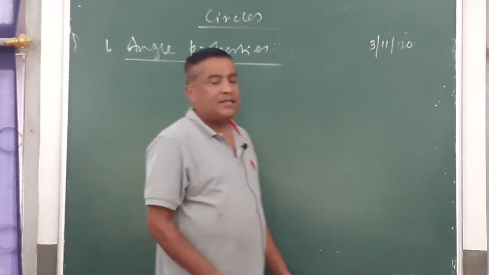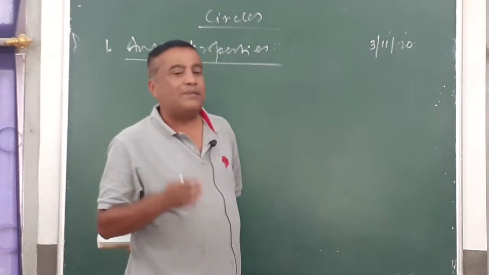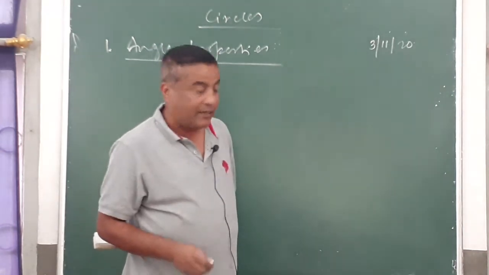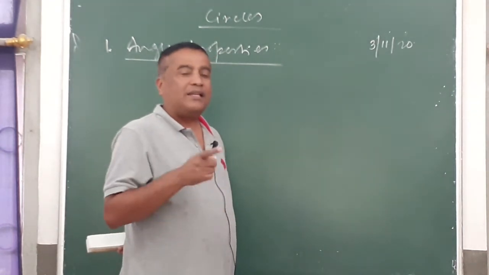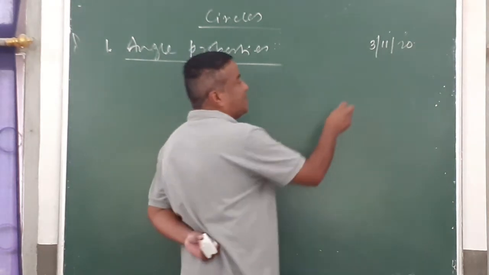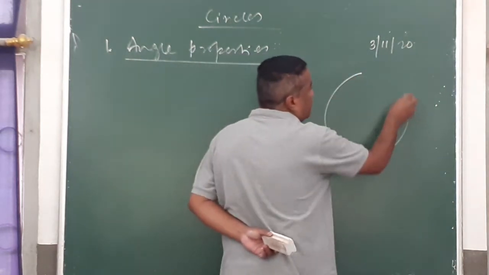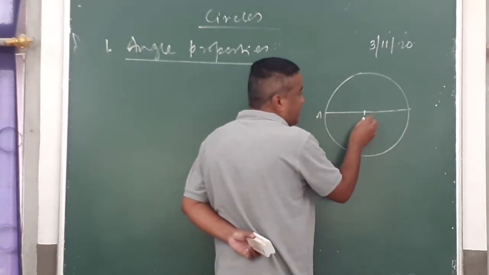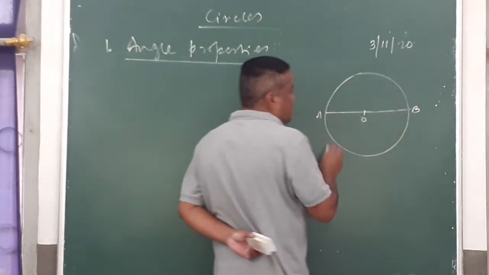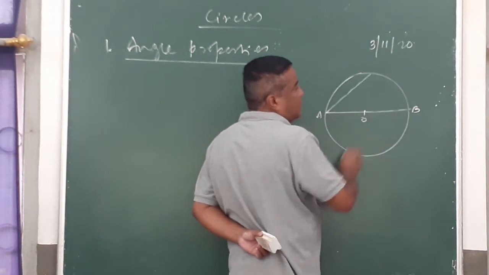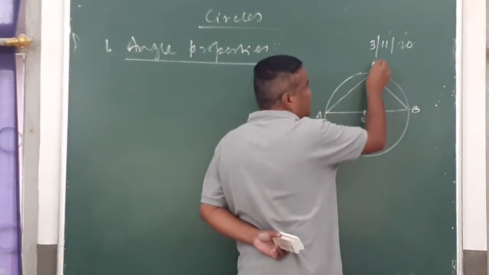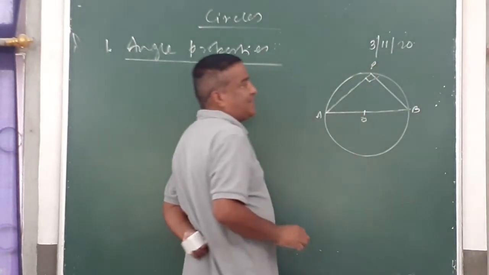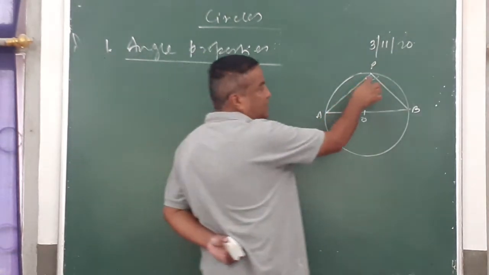Theorem number two is angle in a semicircle is 90 degree. What did I say? Angle in a semicircle is 90 degree. Suppose this is the diameter of the circle, this is A, this is O, and this is B. Suppose this is P, this angle is 90 degree.